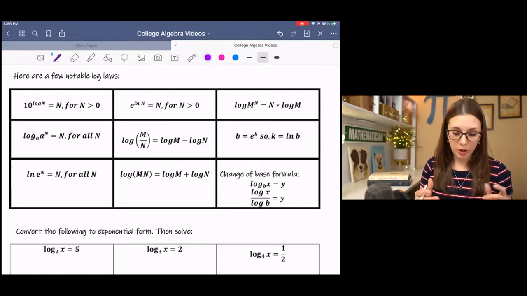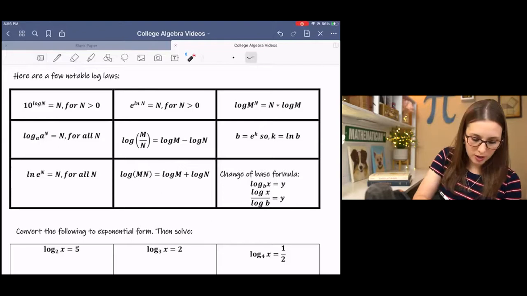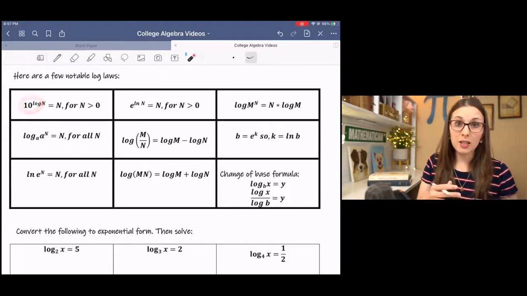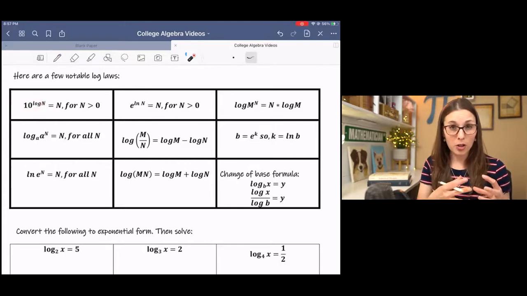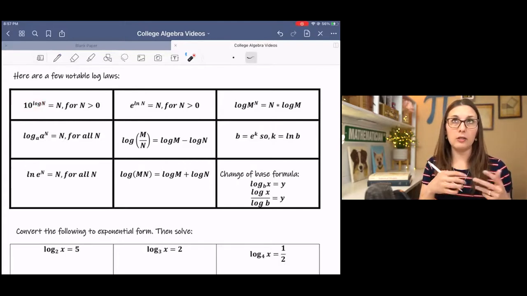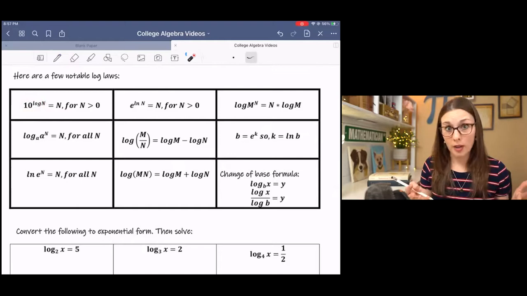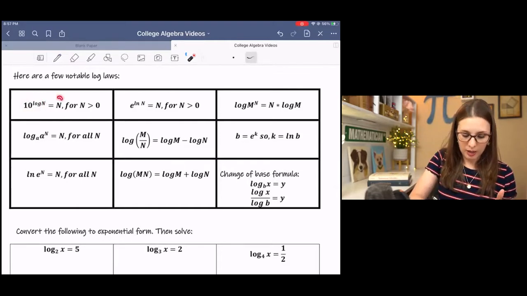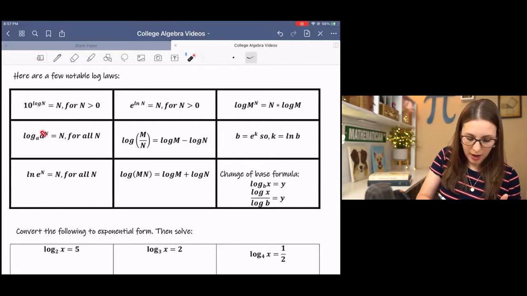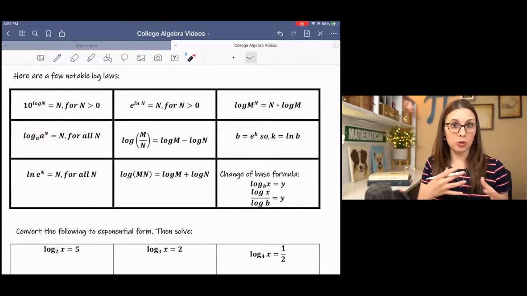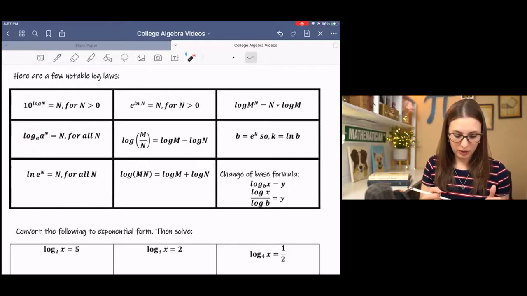Some of the key things to note here: when you have 10 raised to a log of base 10, those are inverse functions, so they simplify and n drops down. Same thing here, log base a of a to the n, those are inverses, and they simplify and n drops down.